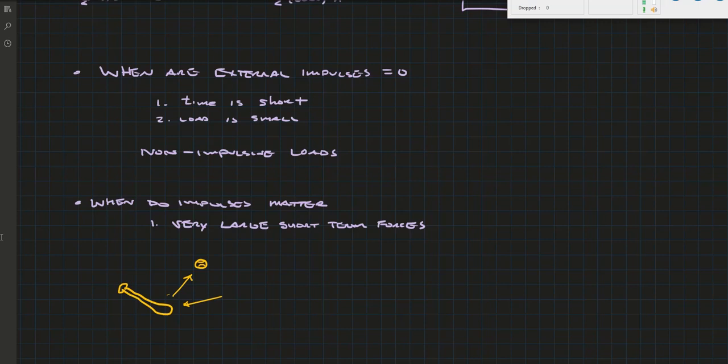We call these impulsive forces. The force of the bat on the ball is an impulsive force. Often these occur due to explosions or striking of one body against another.